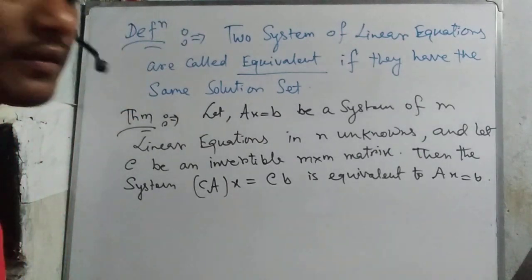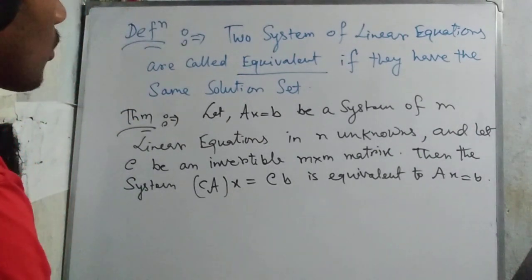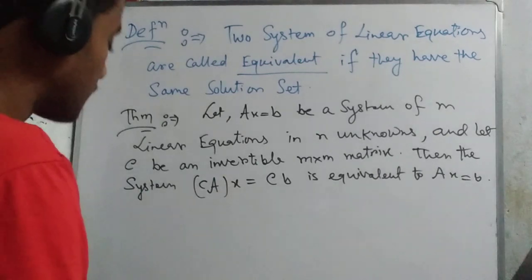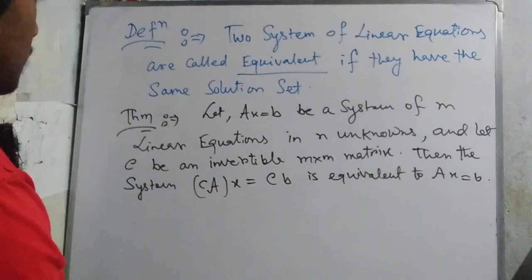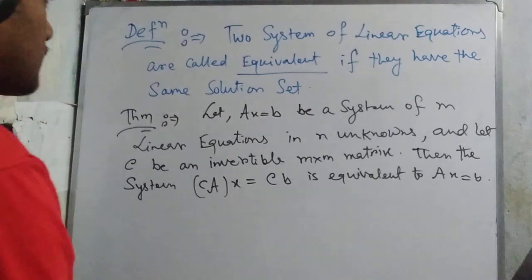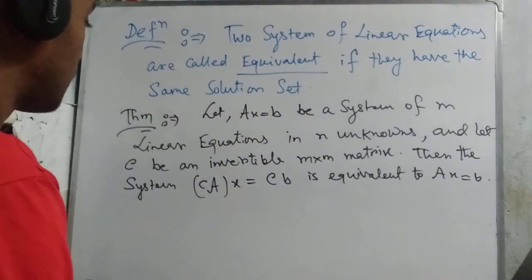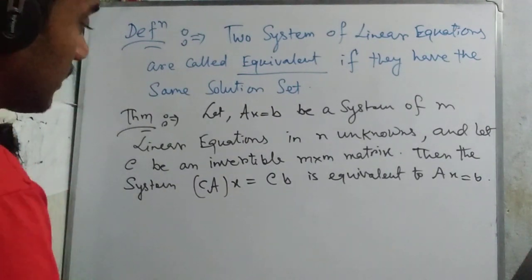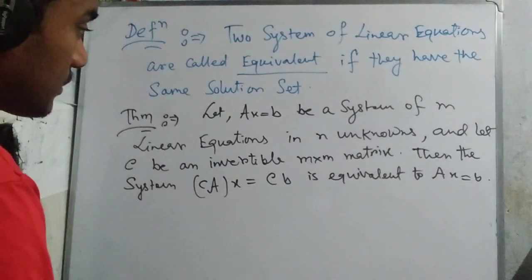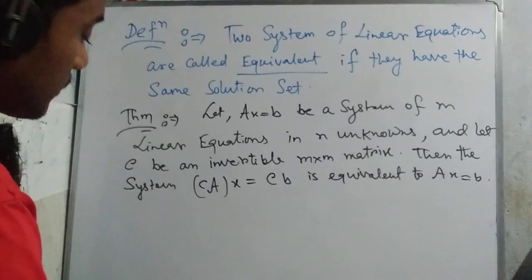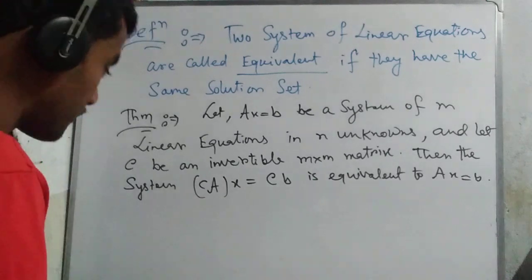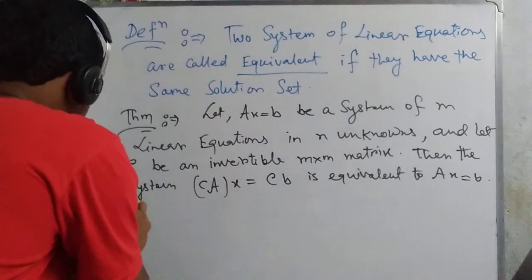Then we are going to prove that. This theorem says that the system CAX equal to CB is equivalent to AX equal to B. So we now write the proof.